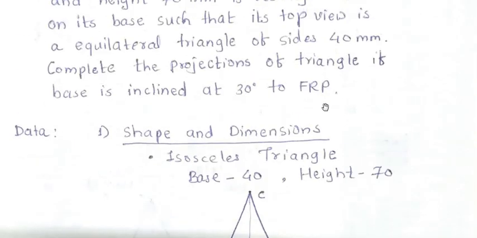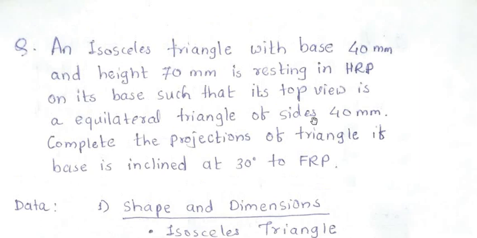And if you read the problem, how this angle is given indirectly, we can interpret it. The isosceles triangle is resting in HRP on its base such that its top view is a equilateral triangle of sides 40 mm. This is the indirect way of giving angle with respect to HRP.